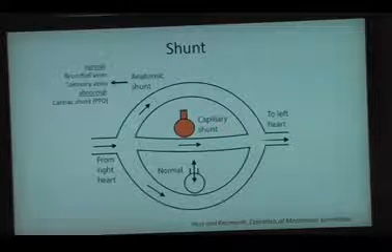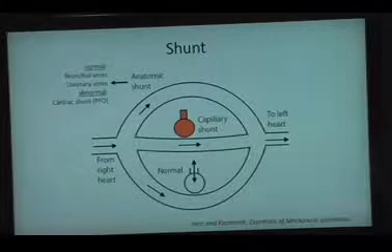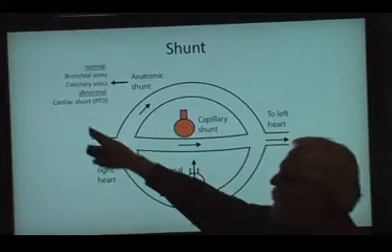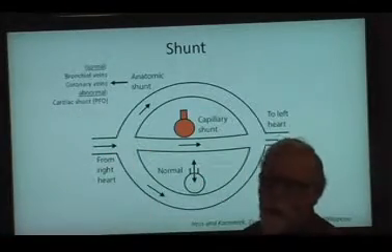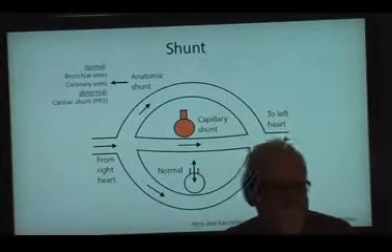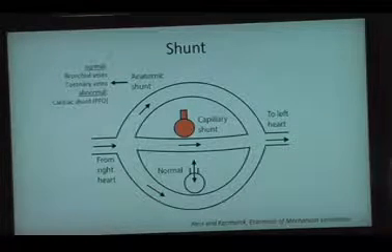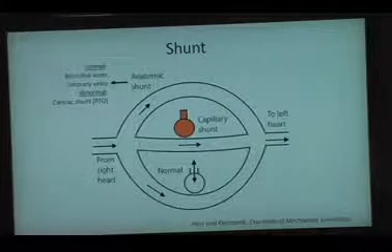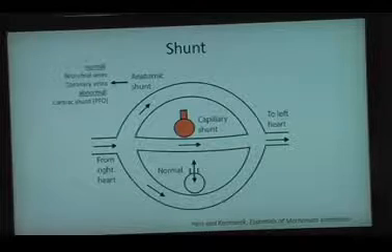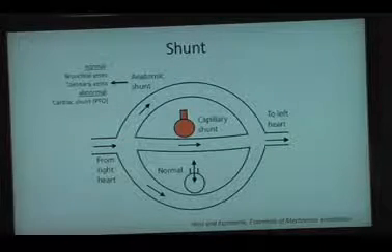A common cause of an abnormal anatomic shunt is if there is a shunt in the heart, such as with a PFO. So if there is a PFO, blood will shunt from the right atrium to the left atrium, bypassing the lungs completely, the cause of anatomic shunt.